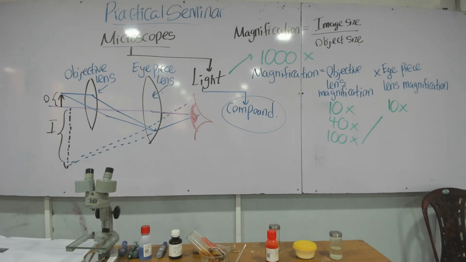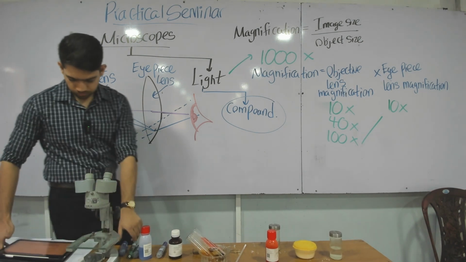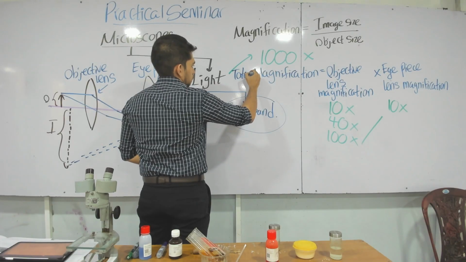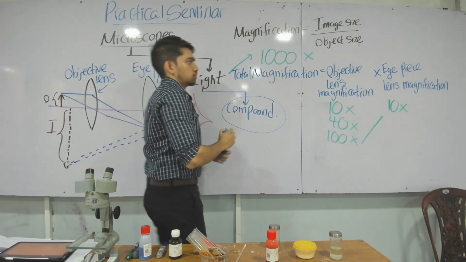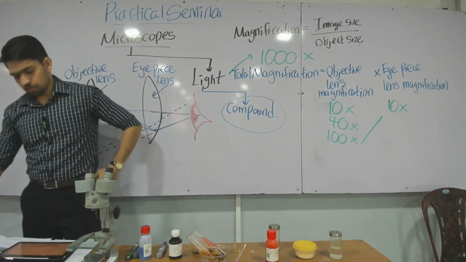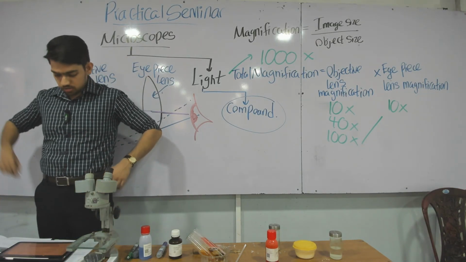Then there's some space at the bottom. Write down that equation. This is not just magnification, it is total magnification. Total magnification is equal to objective lens magnification multiplied by eyepiece lens magnification.